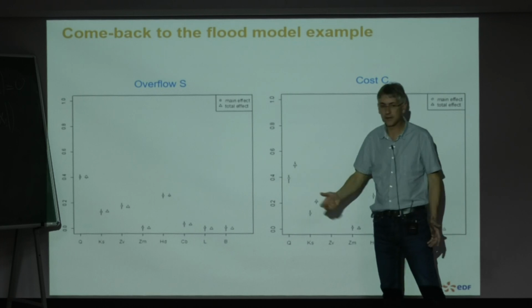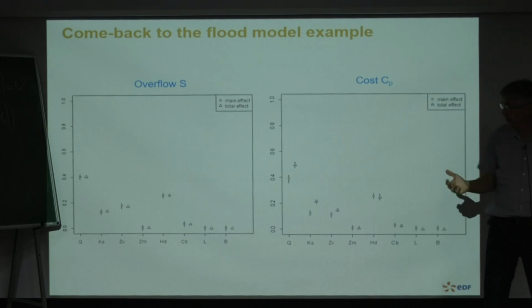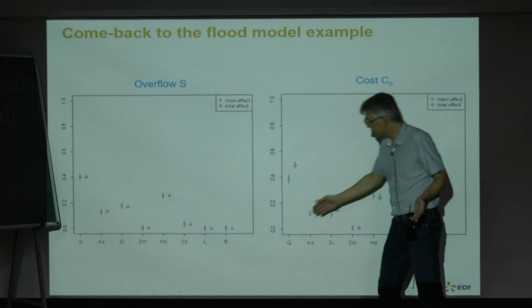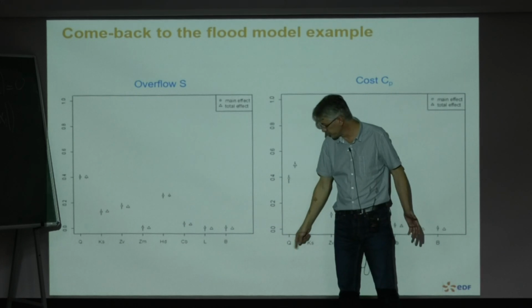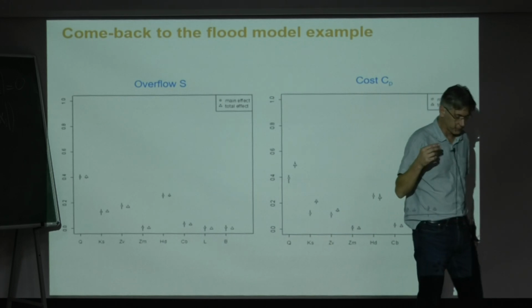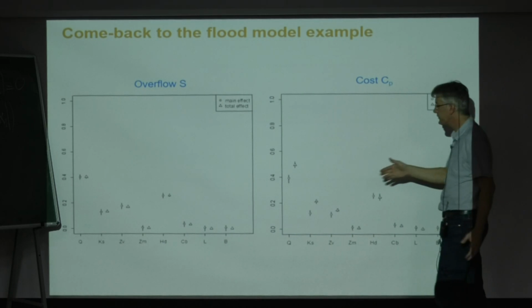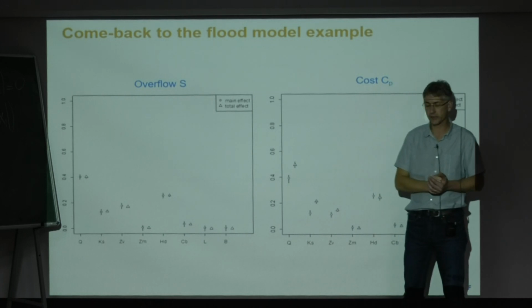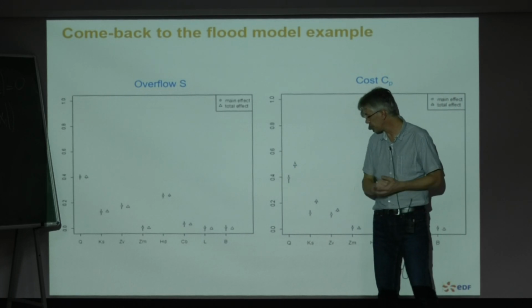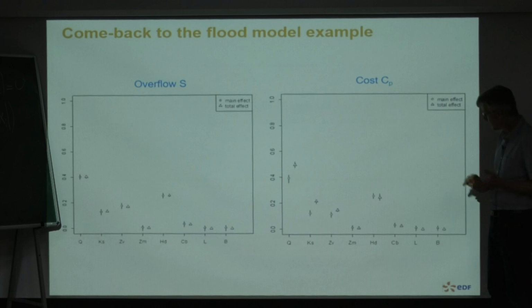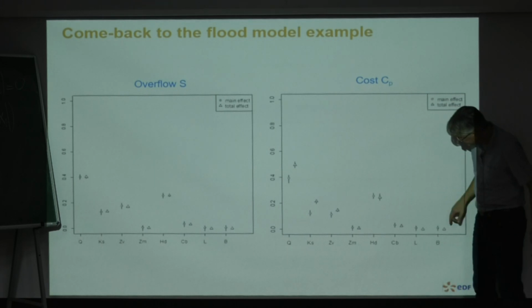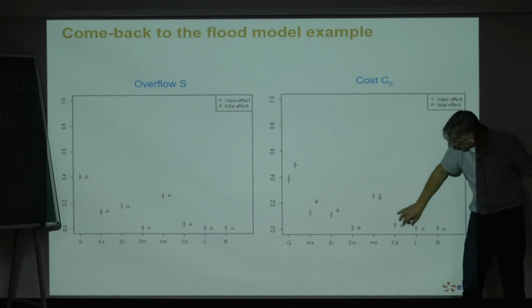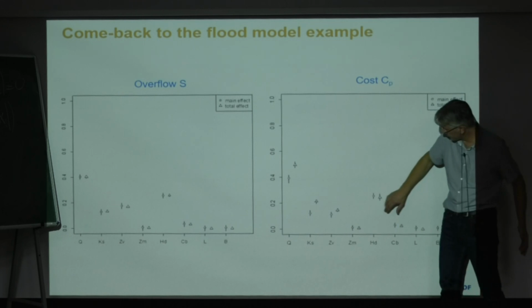Okay, for the cost, you see a difference between the first order and the total. And so this is the interaction effect. I don't know with which variable. If I just look at this, I know that Q, the flow rate, interacts with some other inputs. There is an interaction, but I don't know with which input. But if I look at all the others, I see that here the Sobol indices are 0.